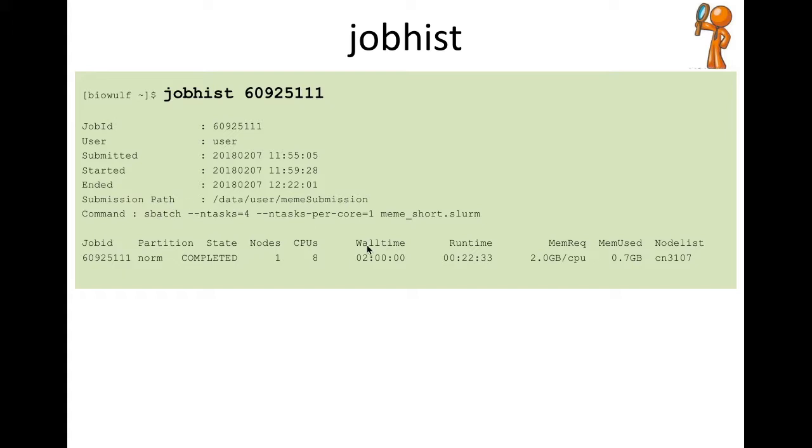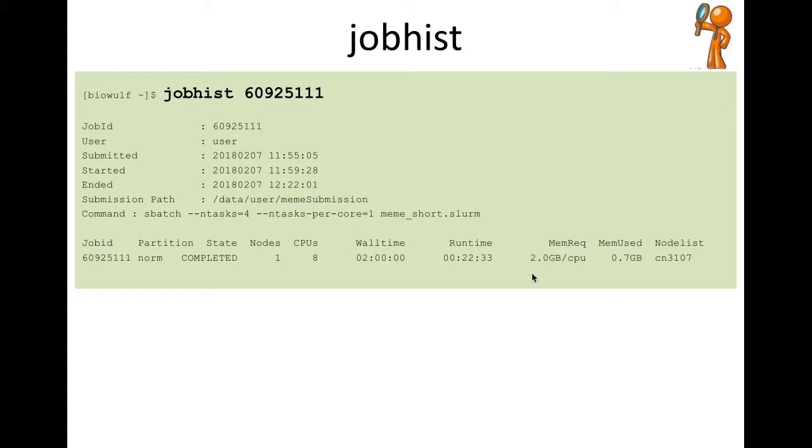It'll tell you the command that you used to submit the job, which will give you also the job script that was used for this job. It'll tell you when the job was submitted, started, and ended. And the most important part is that it tells you the memory requested by the job and the amount of memory used by the job.